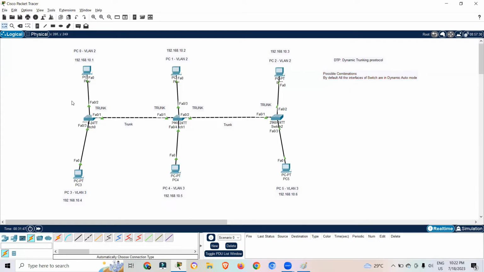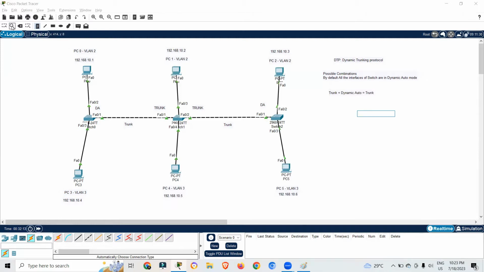If I talk about all these interfaces, by default these are dynamic auto, and this was also dynamic auto. And we have some properties of the switches, such as trunk plus dynamic auto is equal to trunk.